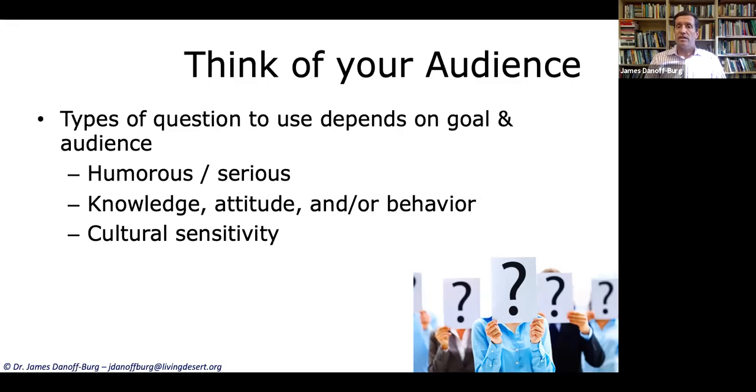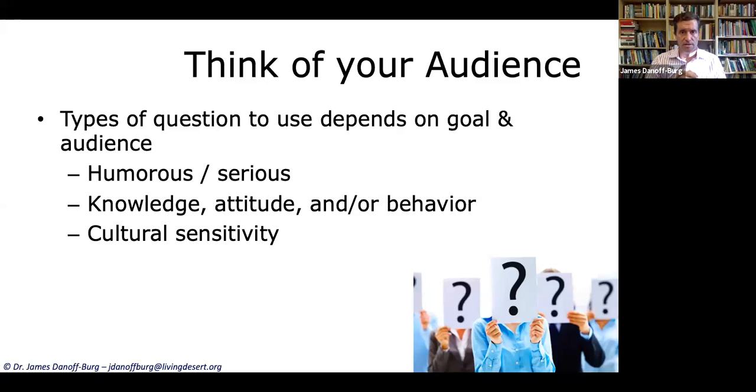Similarly, when you think about your audience, think about their levels of education, what their attitude towards your topic is, what your main research question is, and what kinds of behavior would be most appropriate for talking to them. Knowledge and levels of education are important because you want to make certain that you're not writing your surveys with language that is more challenging than people are comfortable with.